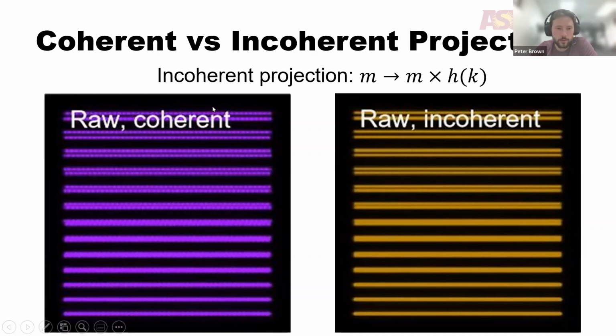To illustrate this effect, we've simulated both coherent and incoherent SIM using this pattern that consists of a pair of line pairs, progressively greater spacing. You see in the coherent SIM, we can see the moire pattern by eye, whereas in the incoherent SIM, due to the reduced modulation contrast, we can no longer see it.